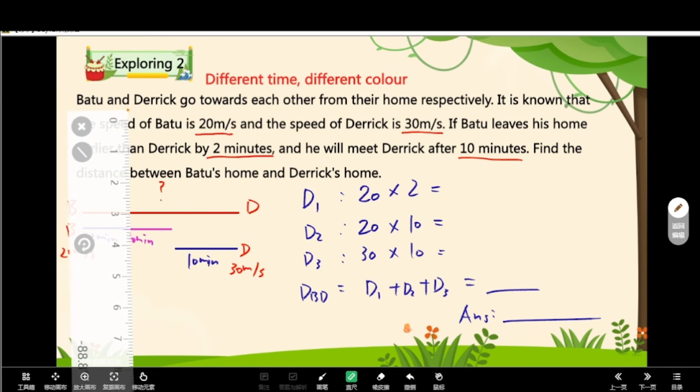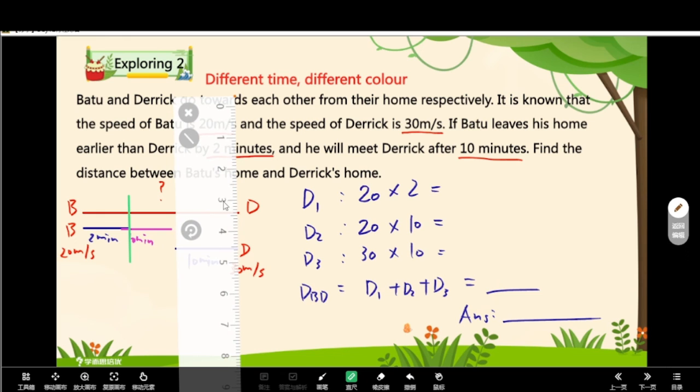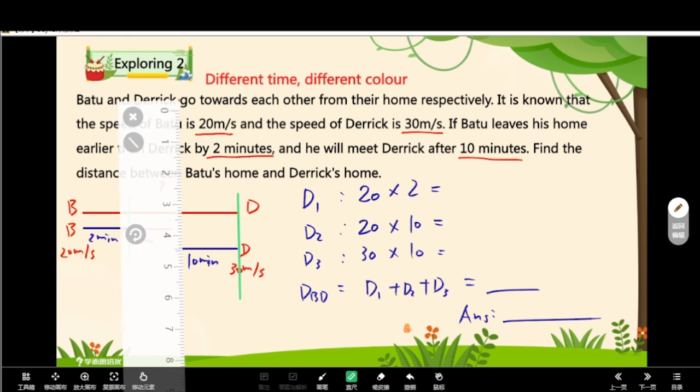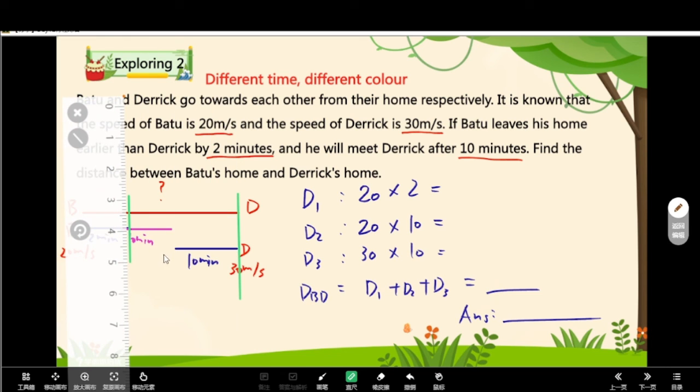For example, if I hide this part and you just observe the green part, what can you see? Does this just look like our meeting problems talked about before? 2 persons, they travel and they meet up together at the middle point, right?